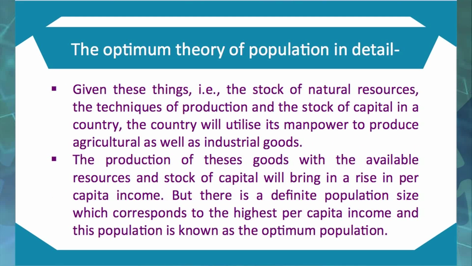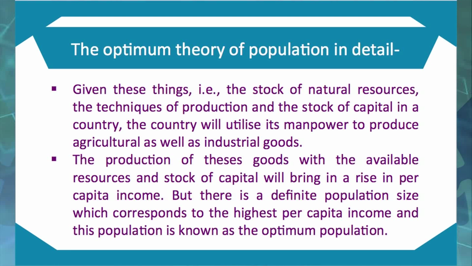Given these things, that is, the stock of natural resources, the techniques of production and the stock of capital in a country, the nation will utilize its manpower to produce agricultural as well as industrial goods.